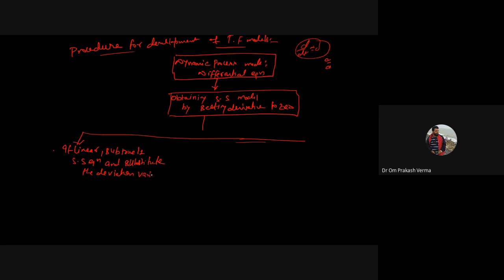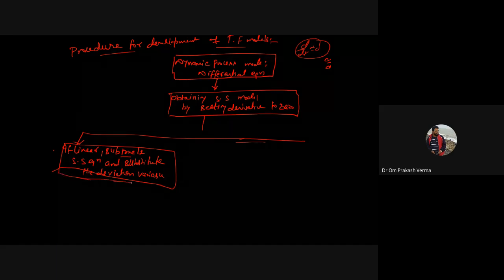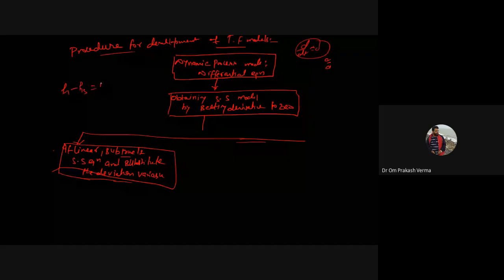This is what we did. Simple. If your case is linear, then simply subtract the steady state equation and substitute the deviation variables, like h minus hs is equal to capital H, q minus qs is equal to capital Q. We did this. Yes or no?